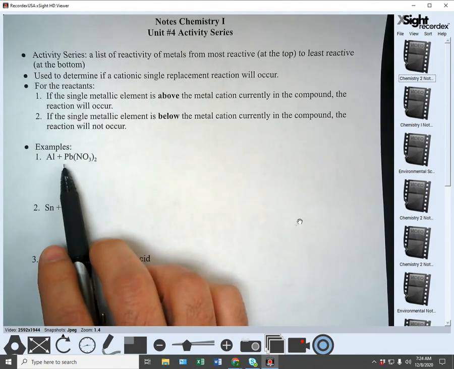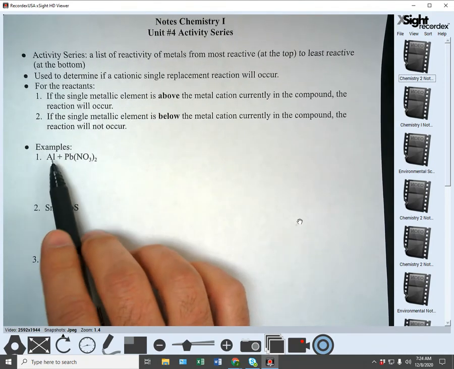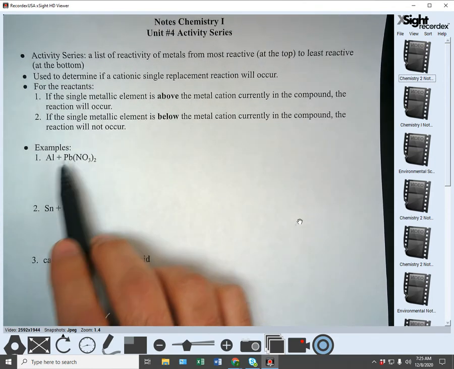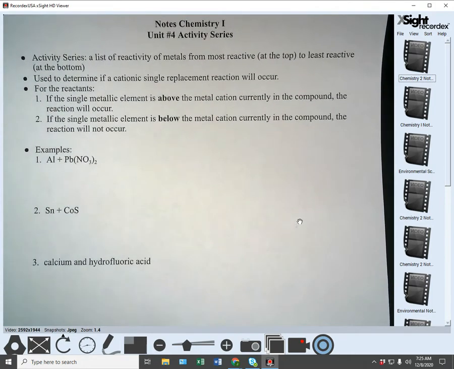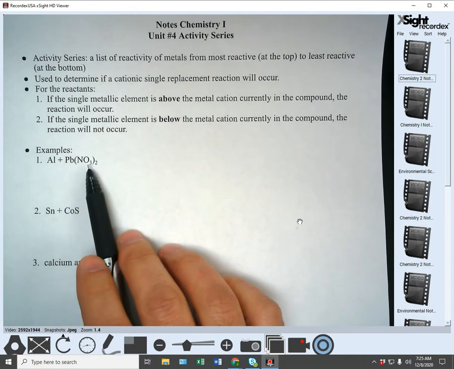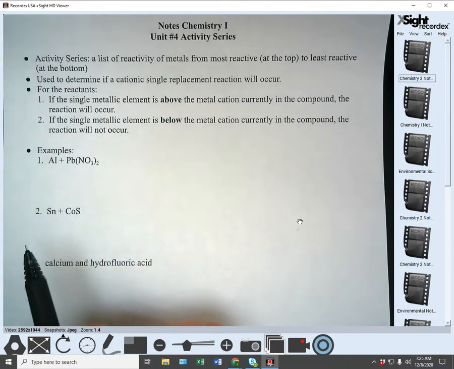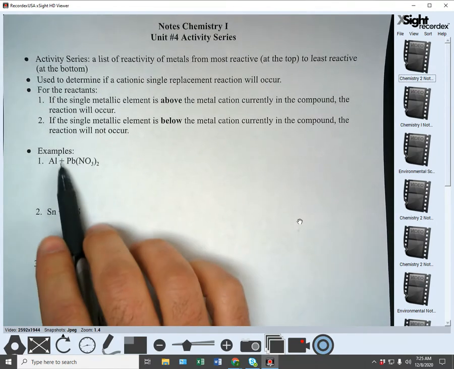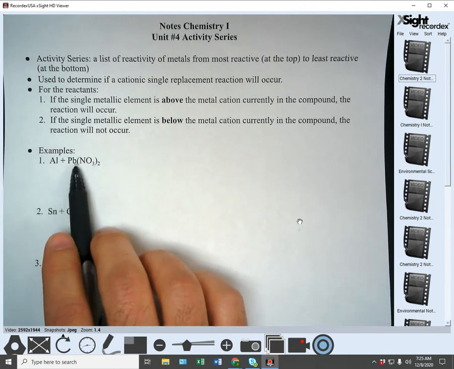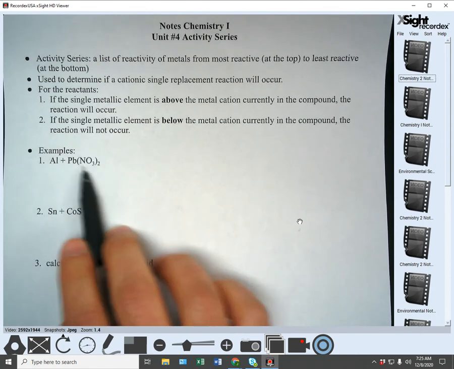If the guy that walks up is really buff and strong, and the guy laying on the beach with the girl is kind of wimpy, then the strong guy is going to kick sand in the wimpy guy's face and take the girl. He's stronger than the guy. So if the element that's alone is stronger or more reactive than the element in the compound, then the element that's alone is going to take the anion.